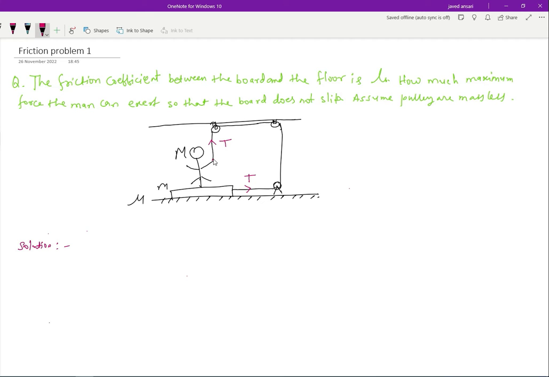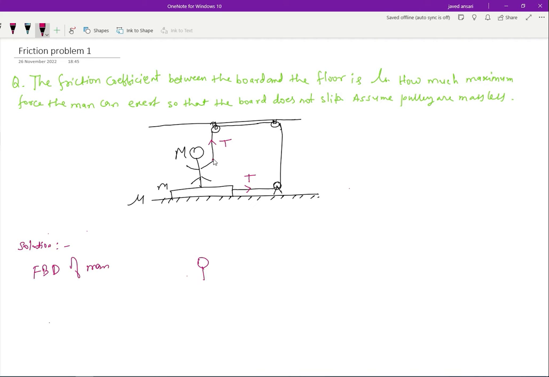This is the body on which he is standing, whose mass is small m. So as you know, first thing we should start is we should start drawing free body diagram, right? So let's start drawing the free body diagram of the man. Free body diagram of man.